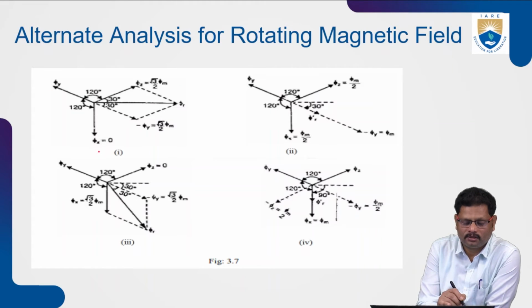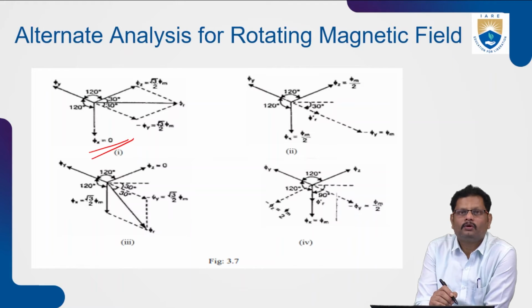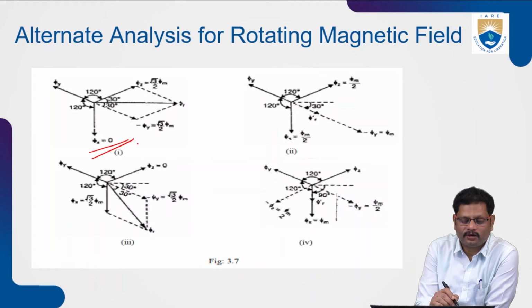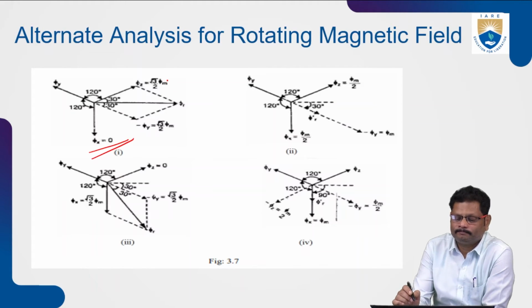Here we are considering the theta value 0. The flux in x will be 0, in y it is minus root 3 by 2, and in z it is plus root 3 by 2.